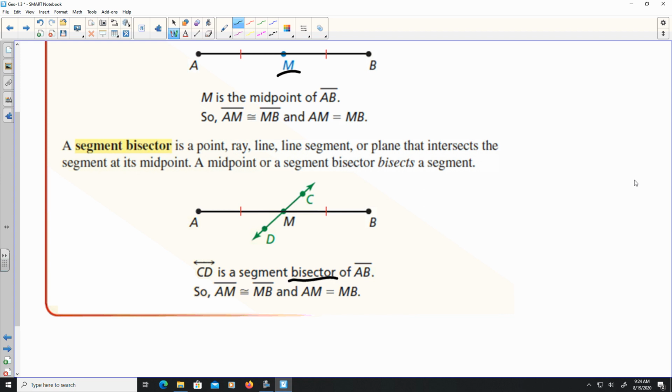So if you hear in directions, or read, that one of these points, rays, lines, line segments, or planes bisects a line segment, then you can automatically say that that point is a midpoint, and then you can use the top diagram to go from there, saying this cut it in half. We know that those measurements are going to be congruent, or the same, whatever information they give us.